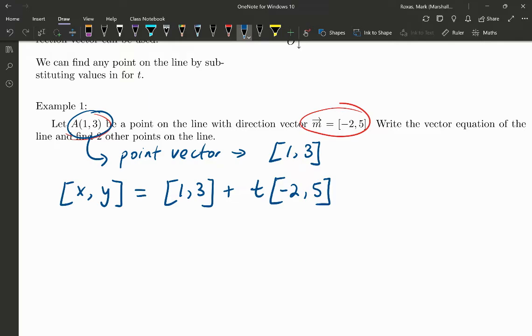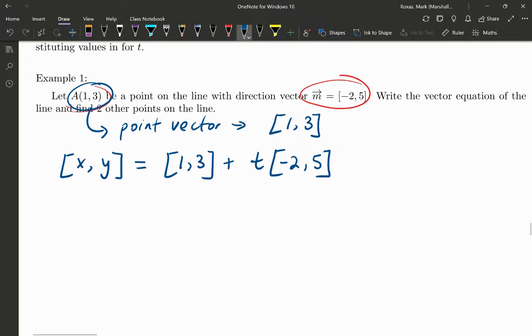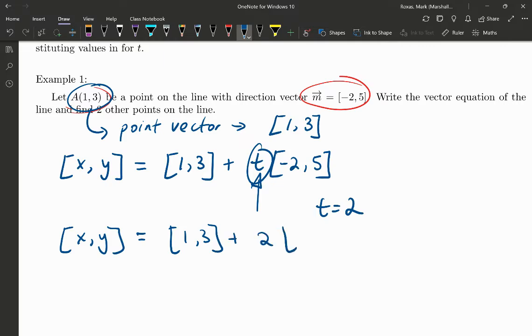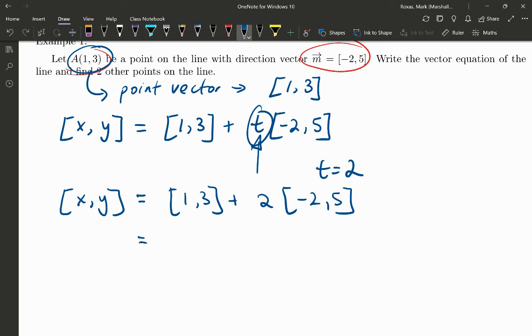Now to find any other point on this line, we just need to arbitrarily choose different values of t, right? If I said t was equal to 2, then I can come up with another point vector on this line by saying [1, 3] + 2[-2, 5]. We can then simplify the right side. 2 times -2 and 2 times 5 is going to be a vector of [-4, 10].